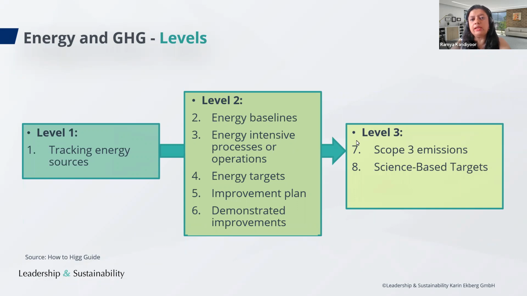So your level 3 are those questions which are going above and beyond any type of compliance requirements. Your level 2 questions are all of your baselinings, what are your energy intensive processes, what are your energy targets that you are taking. In the energy section, I would like to also mention that it is level 1 and level 2 which is currently scored. Level 3 is not scored also for the 2022 module.